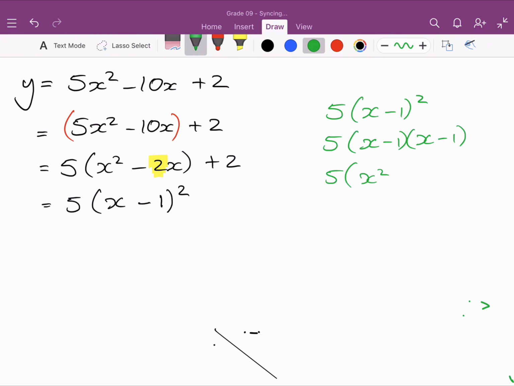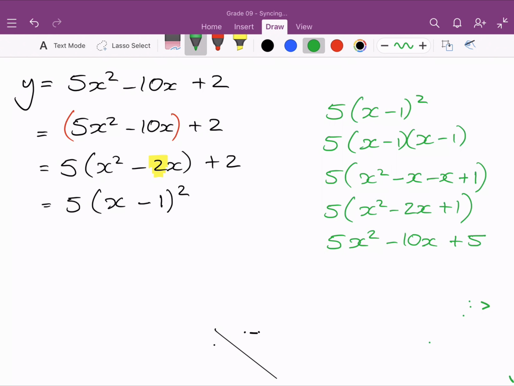X times negative 1 is negative x. Negative 1 times x is negative x. And then negative 1 times negative 1 is positive 1. Okay, we then tidy this up. 5 times x squared minus 2x plus 1. We then multiply out the parentheses, so we get 5x squared minus 10x plus 5.